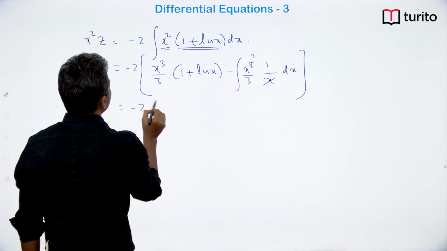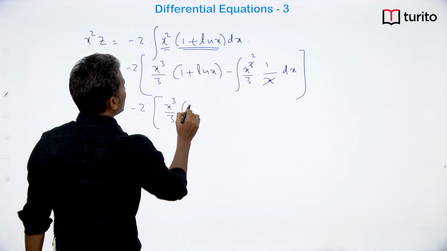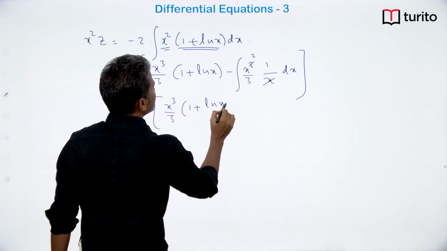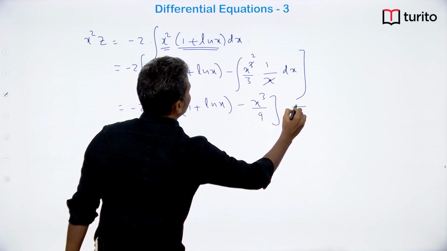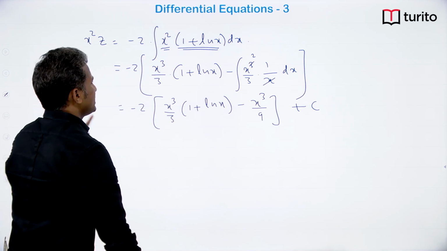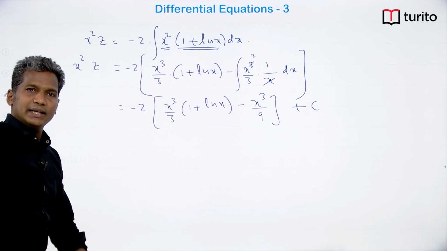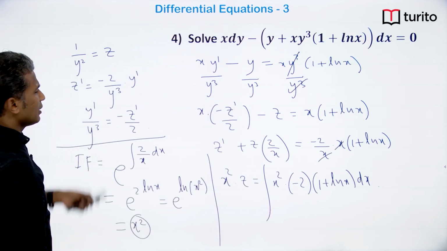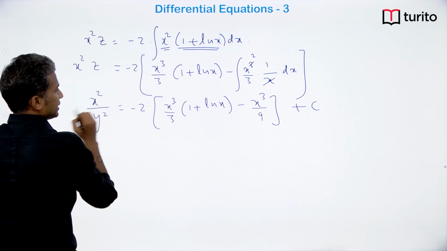So these terms will give us minus 2 into x cube by 3 into 1 plus ln x minus x cube by 9, and of course there must be a constant c, okay. So now this is equal to x square into z. But what is z? We already know z. Z is 1 by y square. So this is basically x square by y square.